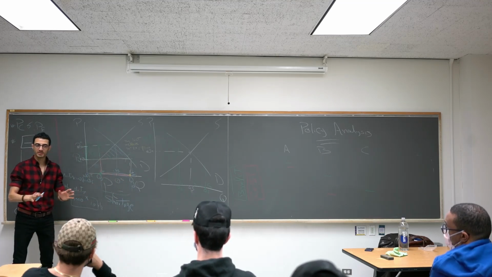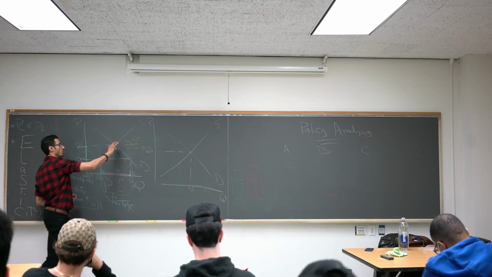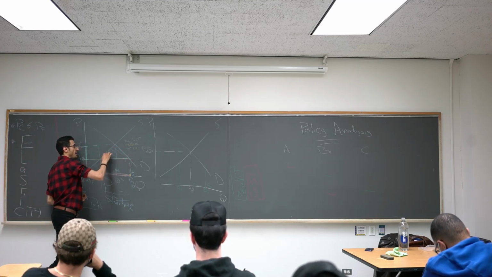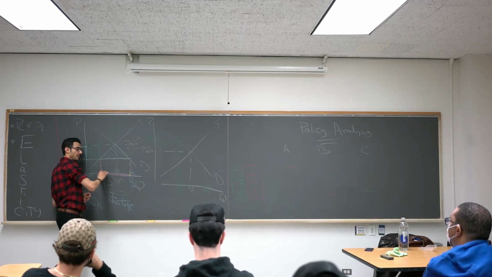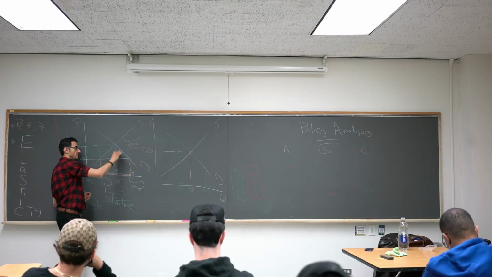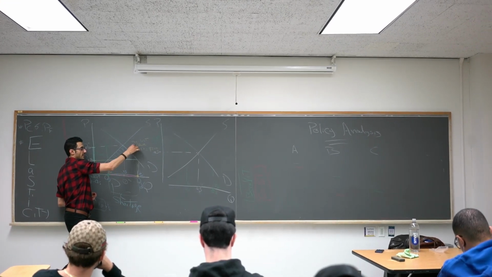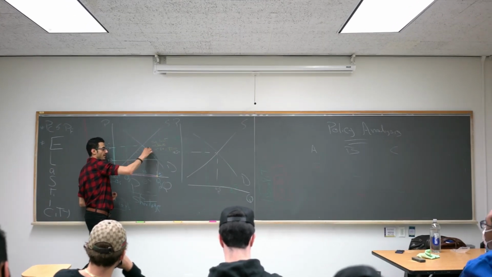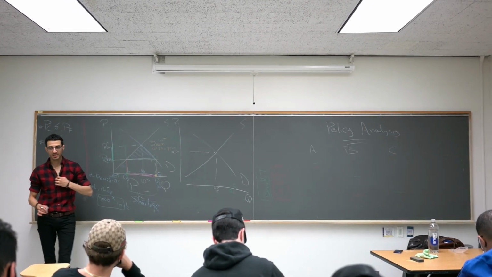Long story short, the value of the shortage will be this shaded triangle, which is calculated as the base times the height. To account for the fact that there are 2 triangles in a rectangle, we multiply by half to calculate the value of the triangle.